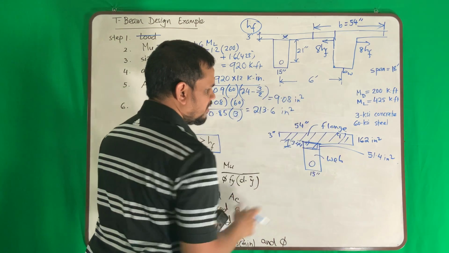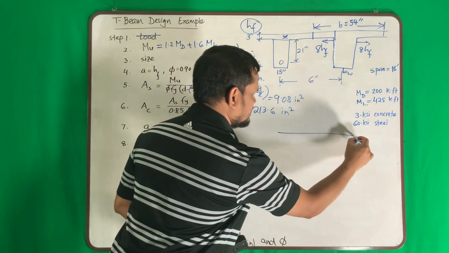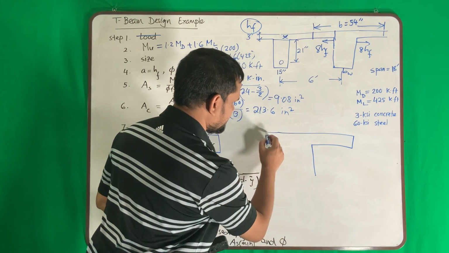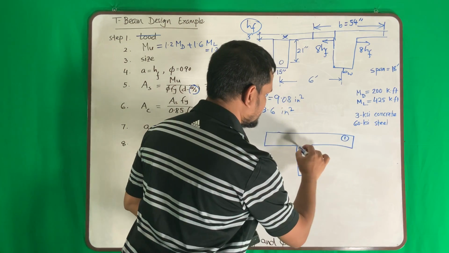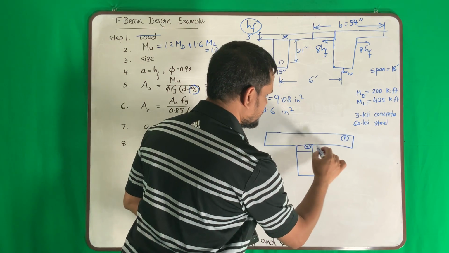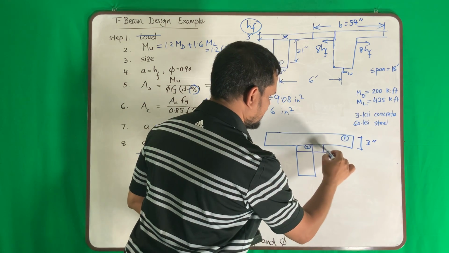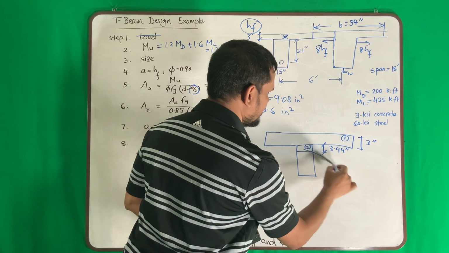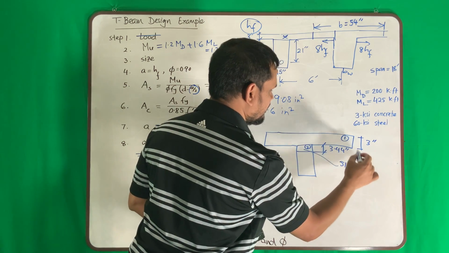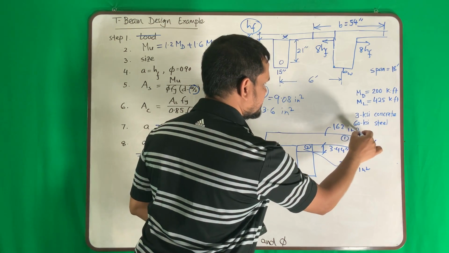Let me make it clean so that you can understand better. So this is say 1, this is say 2. This portion is 3 inch, this is 3.44 inch. The area of this is 51.4 inches square. Area of this 162 inches square.